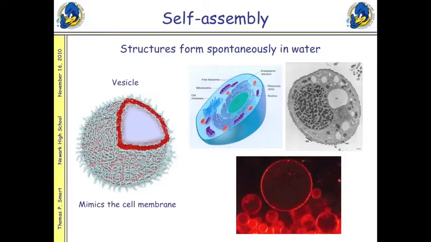And then the vesicle, which is a big bilayer encompassing a water-filled core, is analogous to say the membrane of a cell, which is used to entrap everything. And the cell is incredibly complicated.